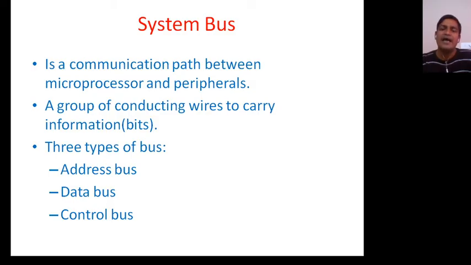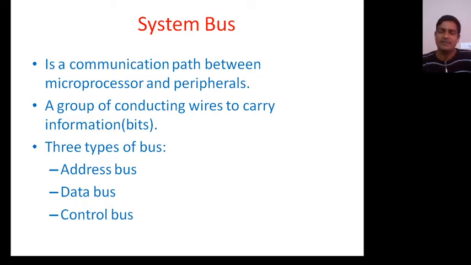After dialing, he will receive a ringtone, and then he will pick up my call, and we will interact with each other. So my friend's mobile number is the address bus, because I am dialing his number and then we are interacting.